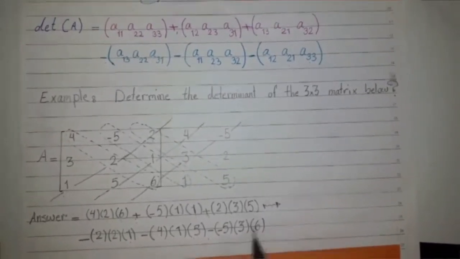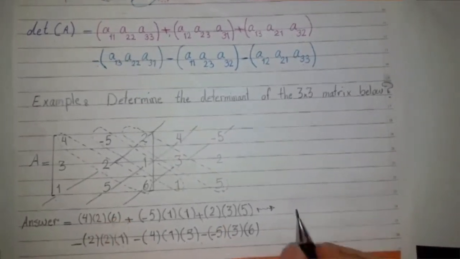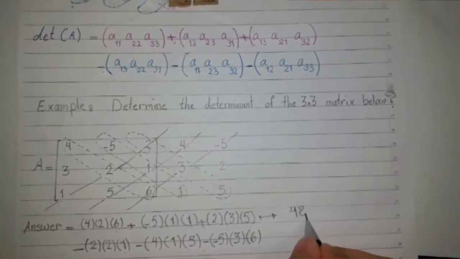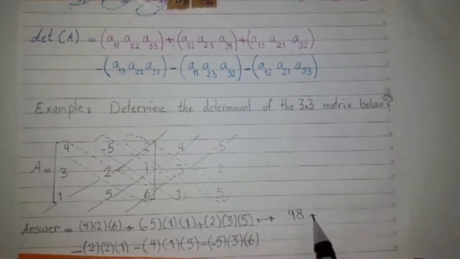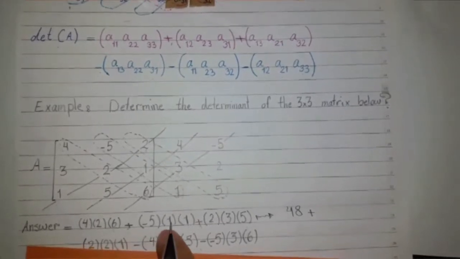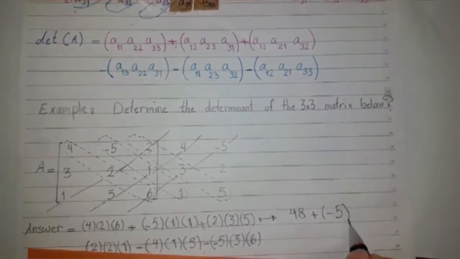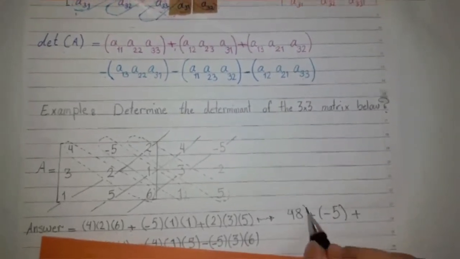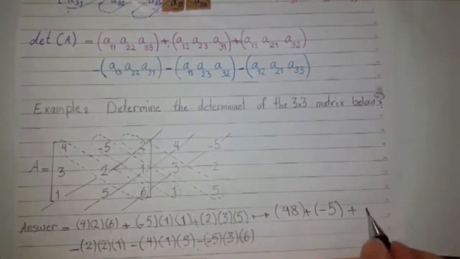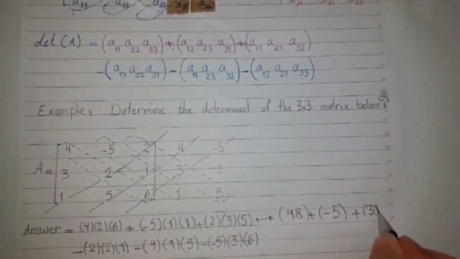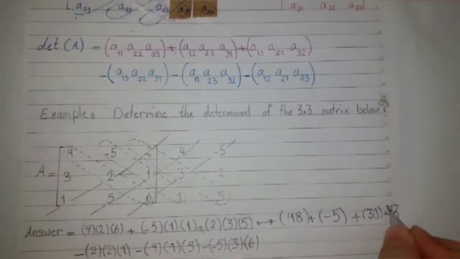Here we have 4 times 2 times 6, which is gonna be 48, plus negative 5 times 1 times 1, which is gonna be negative 5, plus 2 times 3 times 5, which is gonna be 30, overall 73. Okay?